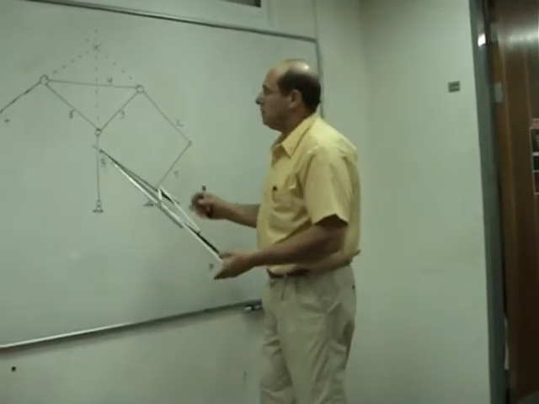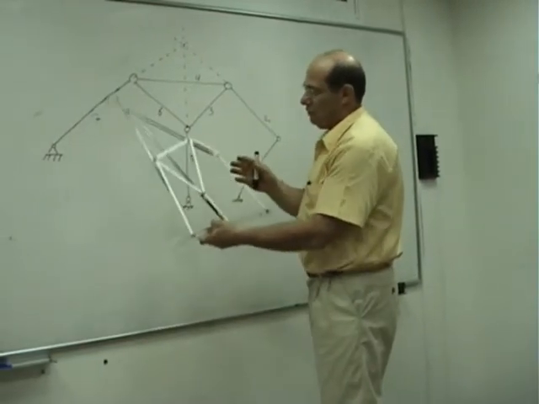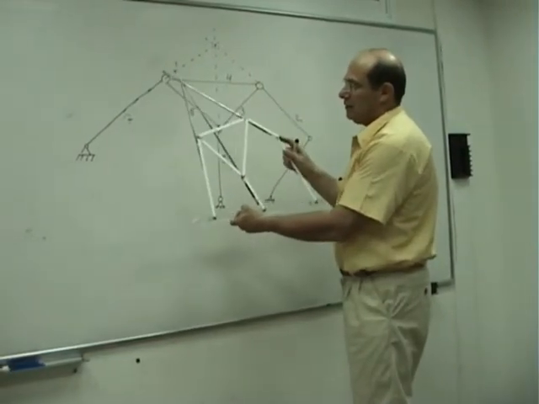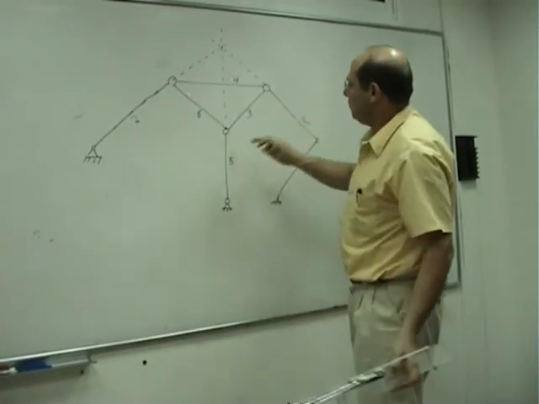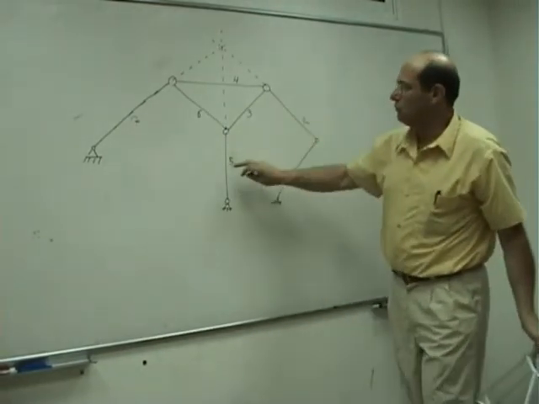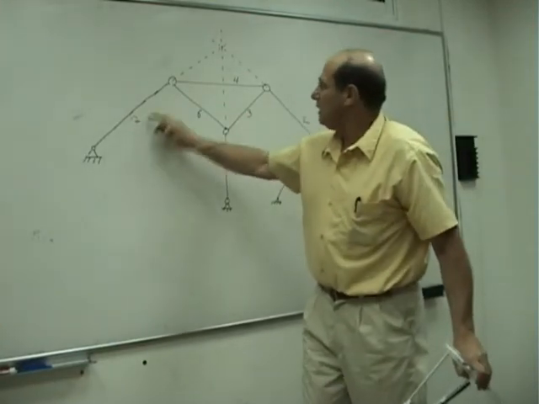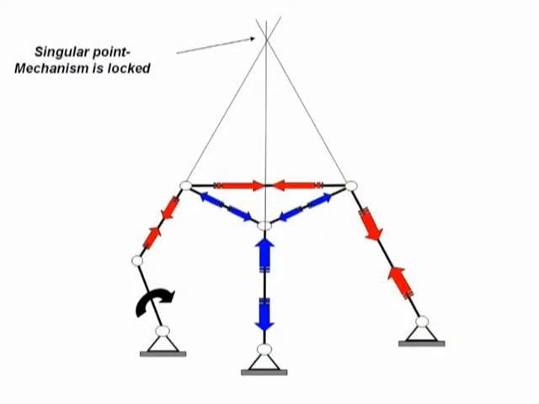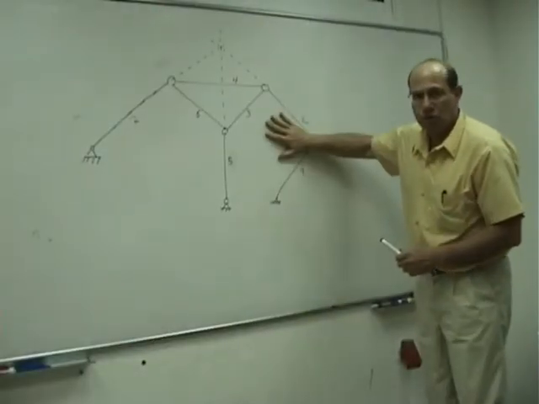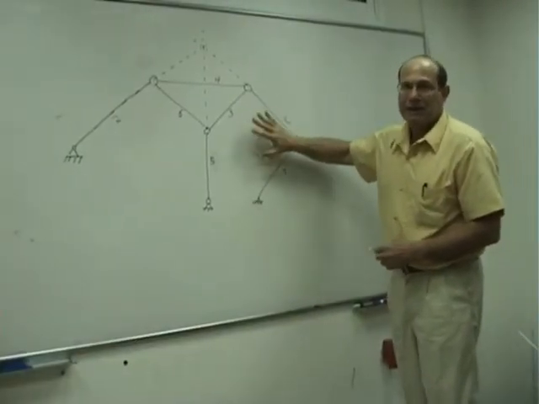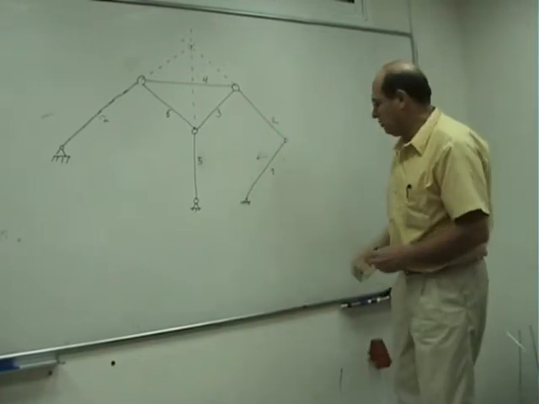So what we have here is the drawing of the mechanism at the locking position. As we can see, the continuation of the links 2, 5, and 7 intersect at the same point. Now, let us transform the mechanism at the locking position into a structure.